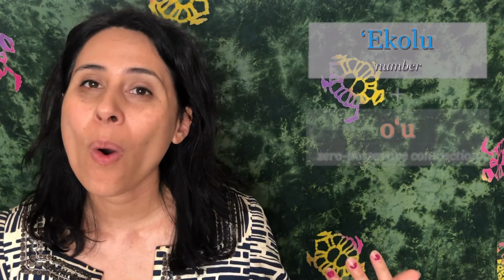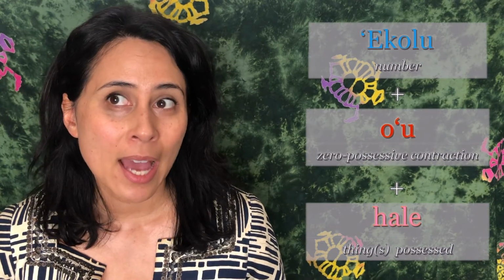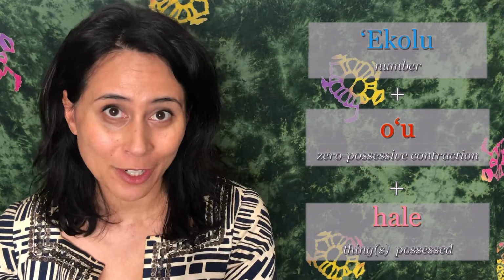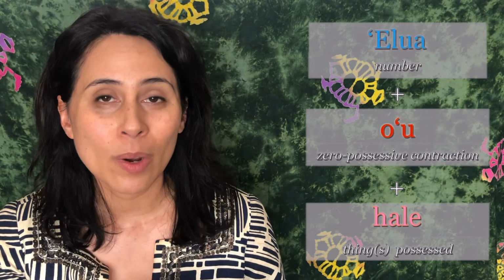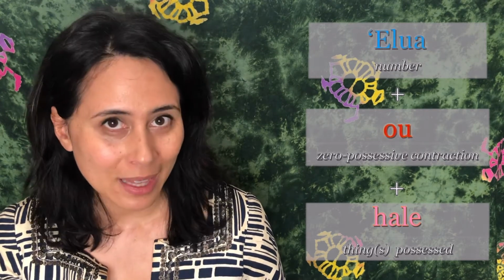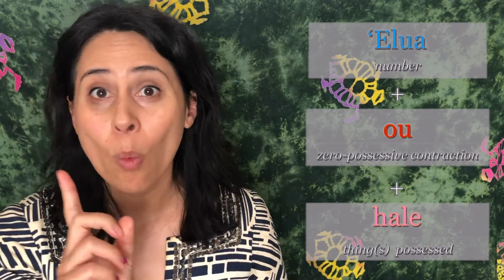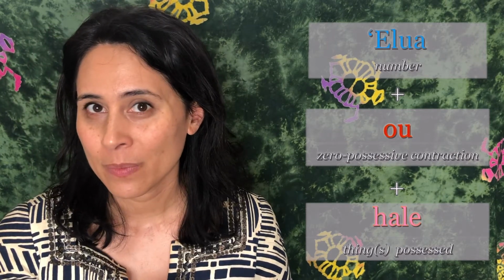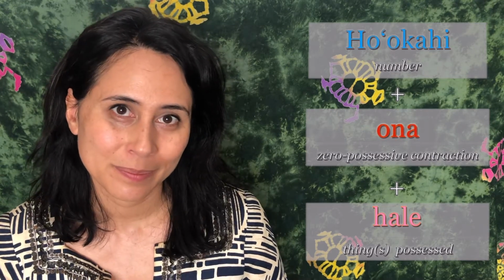So that means I have 3 houses would be e kolu o'u hale. And you, singular, have 2 houses. E lua o hale. And she has 1 house. Ho'okahi ona hale.